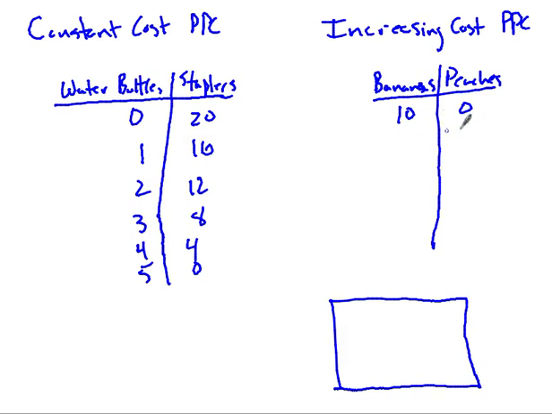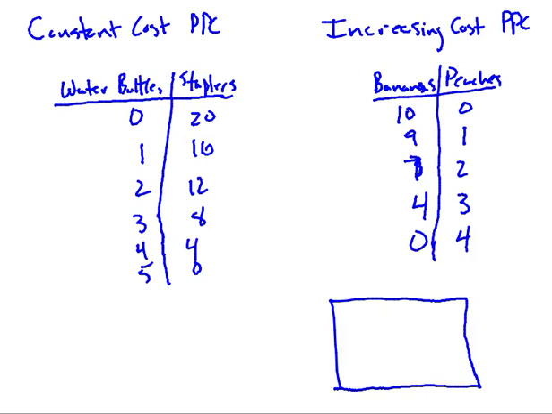Let's do 1 peach tree: now we can do 9 bananas. 2 peach trees, 7 bananas. 3 peach trees, 4 bananas, and 4 peaches, we can do 0. All right, and so this is the output that can be produced. So 10 pounds of bananas and 1 pound of peaches, whatever it is.